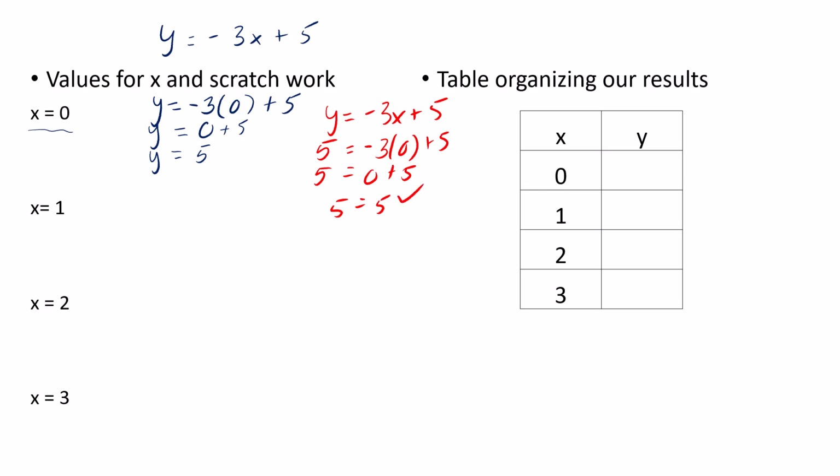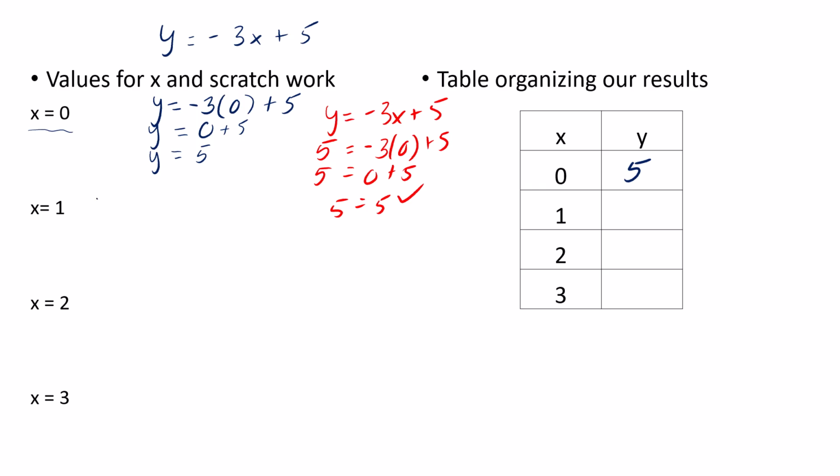When you plug in a value for x and you get the value for y that goes with it, if you go back and plug both of those values in, then you will get a true statement every single time. So therefore, when x is 0, y is 5, and on the right here, we have a table that organizes our results. So we have the column with our x values and then the y values that go with them.